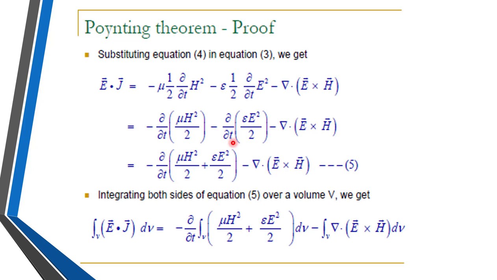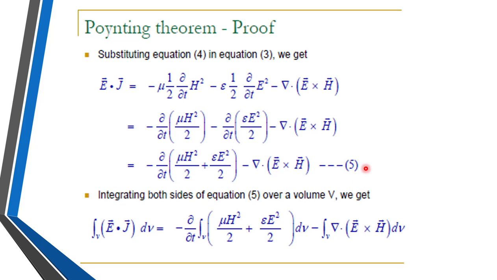Now dou by dou t is common in both these terms, so we can take dou by dou t outside the bracket, with the minus sign also, and inside the bracket we get mu h square by 2 plus epsilon e square by 2, minus del dot e bar cross h bar, and that whole thing is equal to e bar dot j bar.